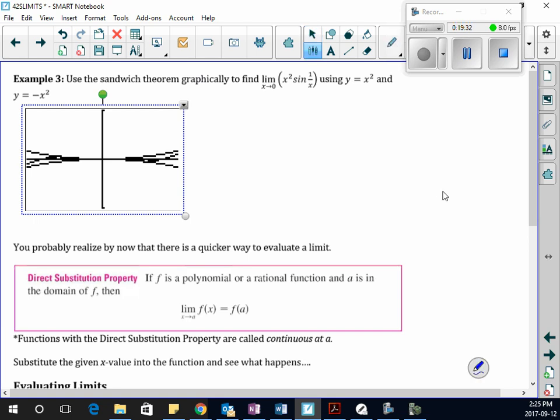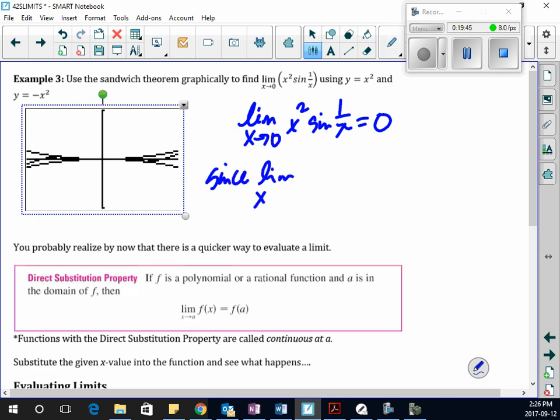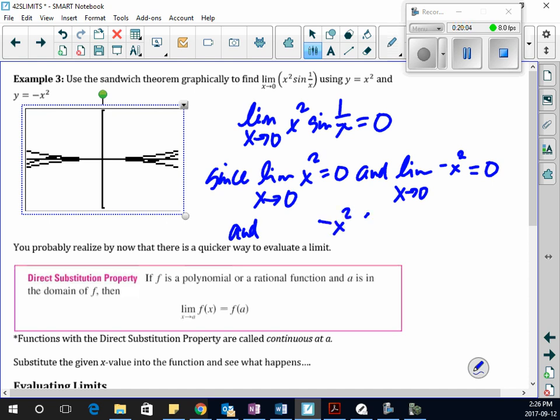So the limit as x goes to 0 of x squared sine of 1 over x is equal to 0, since the limit as x goes to 0 of x squared equals 0, and the limit as x goes to 0 of negative x squared equals 0, and x squared sine of 1 over x is in between negative x squared and x squared.